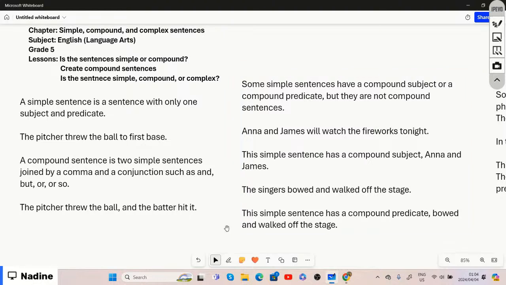And the lessons that we are going to be focusing on under this chapter are: is the sentence simple or compound, where we find out if our sentence is either a simple sentence or a compound sentence; creating compound sentences; and then also, is the sentence simple, compound, or complex?